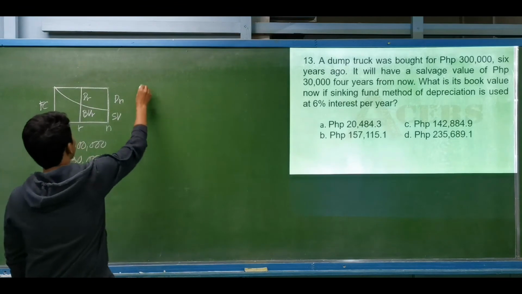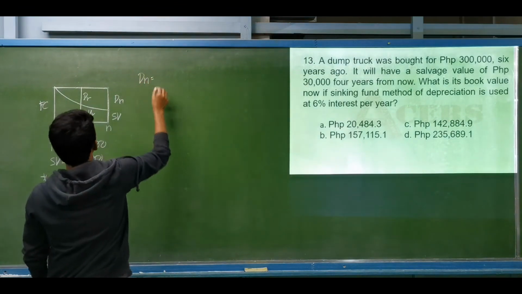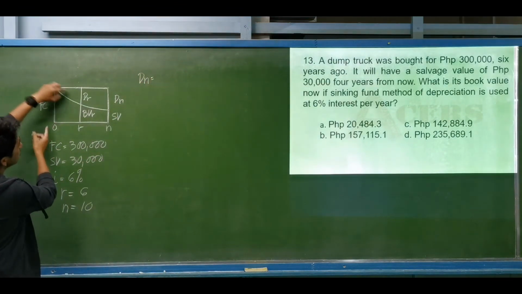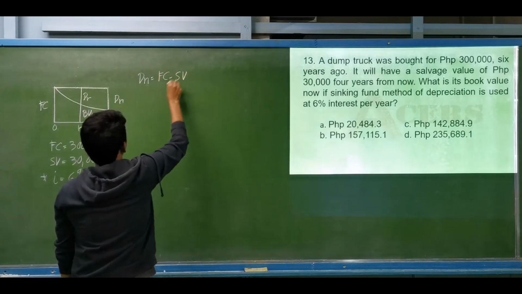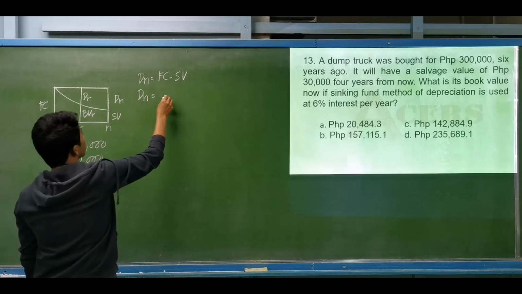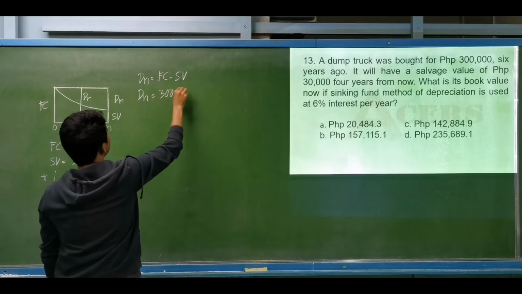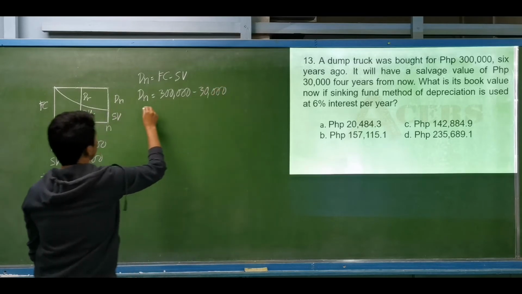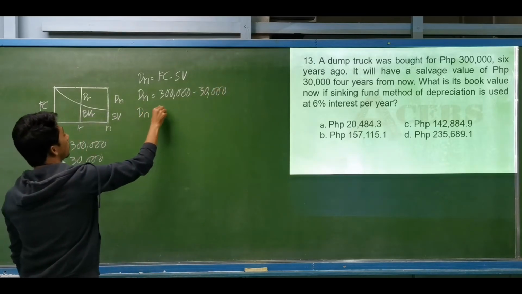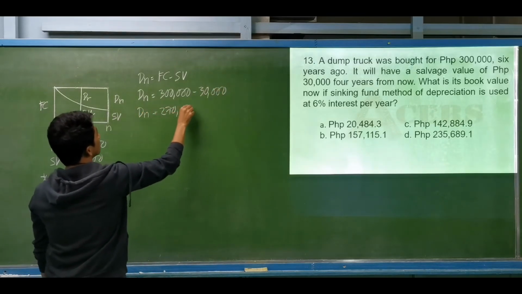First, we need to determine d sub n, which is the first cost minus the salvage value. The accumulated depreciation is 300,000 less 30,000, so we have 270,000.